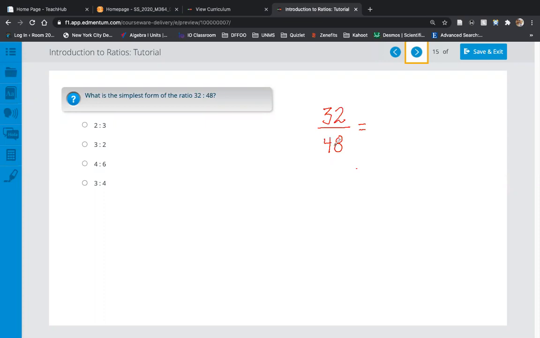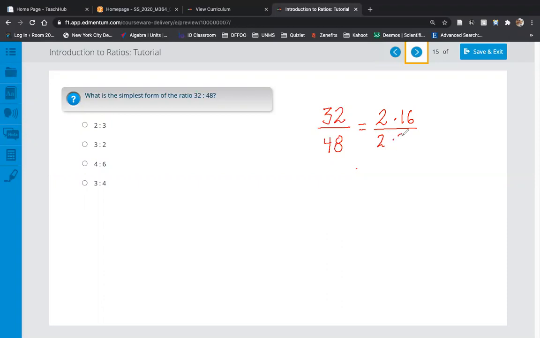So worst case, you work with the 2. So 2 multiplied by what gets me to 32? 16. Thank you, Logan. So 2 times 16 gets me 32. What about the bottom? What times what can get me to 48? And again, it's even, so let's try 2. 2 times what gets you 48?